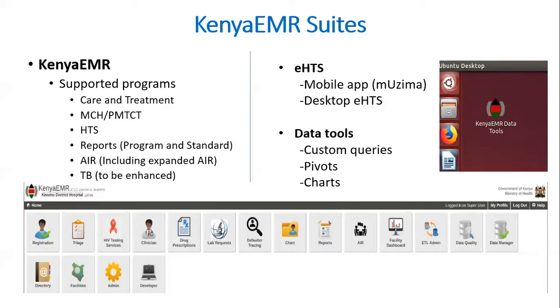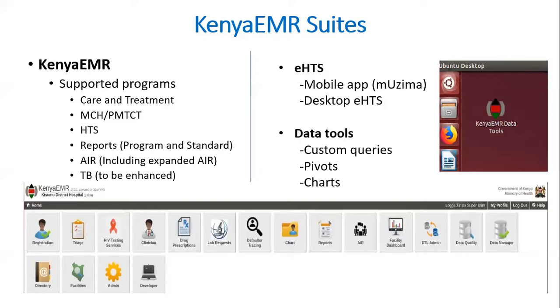KenyaEMR as an EMR supports care and treatment program, MCH and PMTCT, HTS. It also includes reports, both programmatic and standard reports. We have automated indicator reporting, including the expanded AIR. EMR also supports TB. The TB module is yet to be enhanced, but it is under development.